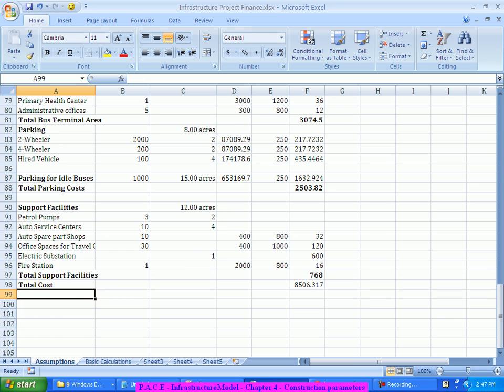So the total cost has come out to almost 85 crores. Up to here, the total project cost has come out to 85 crores.